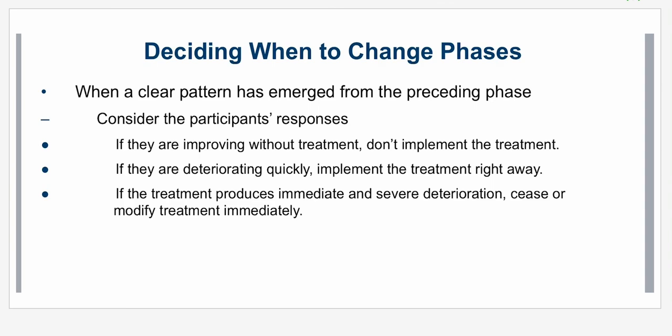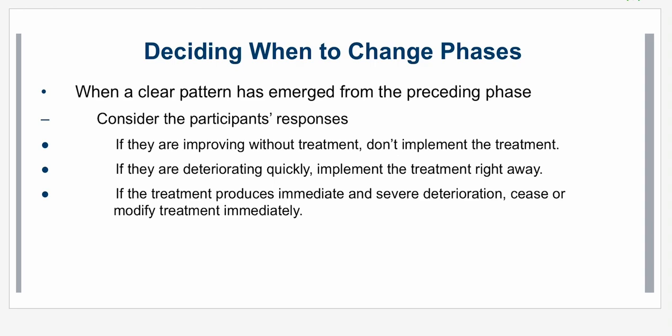From an experimental standpoint, it is also not a good idea to implement the treatment because if they're already increasing or improving their behavior, and you introduce the treatment and it continues to improve, how do you know that the treatment had any effect? If you hadn't done that, they may have continued to improve on their own. So you have to, again, have something to compare.